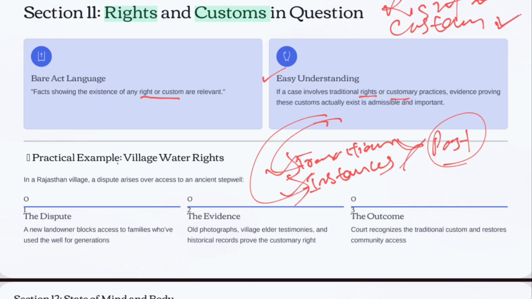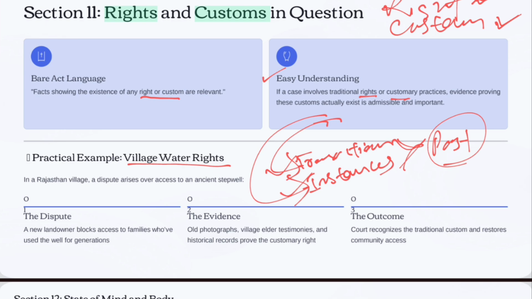Now, for example, village water rights. Suppose there is a village and there is a question before the court whether a well which is there in the village, well means kuan, is ancient, is a public property or not? That is, is it true that any person can have access to the water of that well?